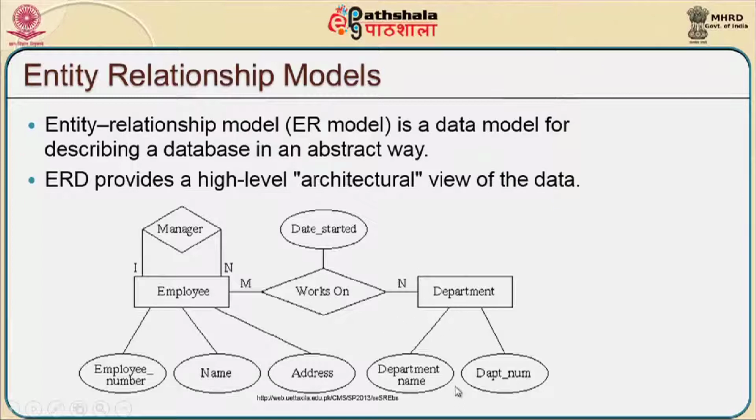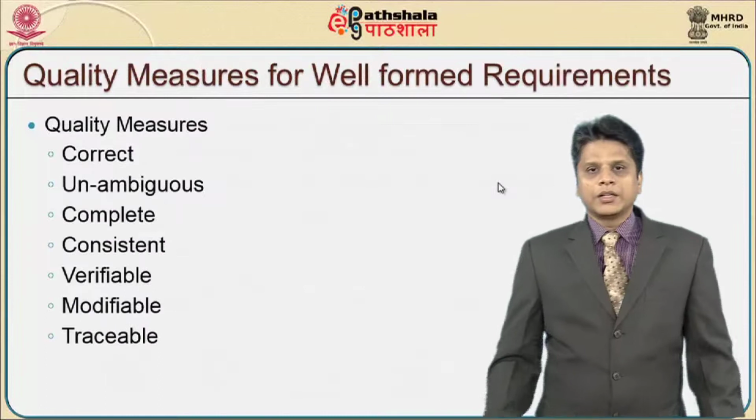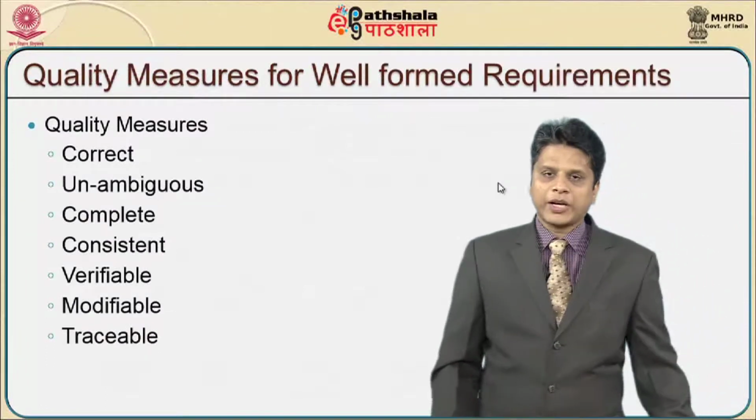Likewise, a department has a list of attributes and works on has an attribute. This entity relationship diagram provides a high level architectural view of the data. Thereby we are very clear what type of contact or communication this entity has with the other entity. So those are to do with the functional requirements.